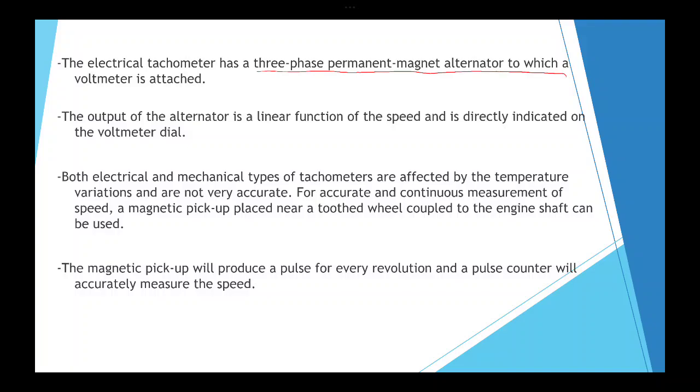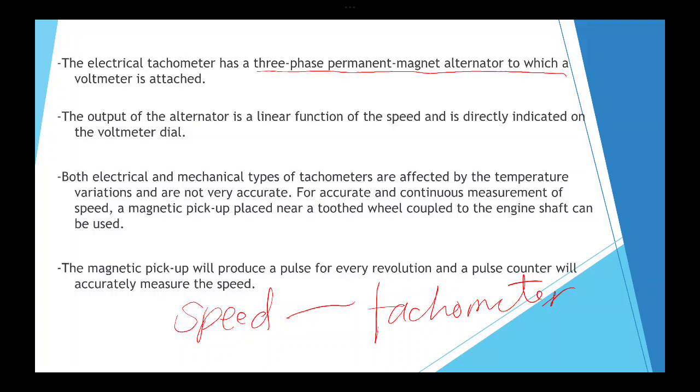Both electrical and mechanical tachometers are affected by temperature variations and are not very accurate. So that's tachometers. Basically, when you are measuring speed, you use a tachometer, and its unit is RPM.